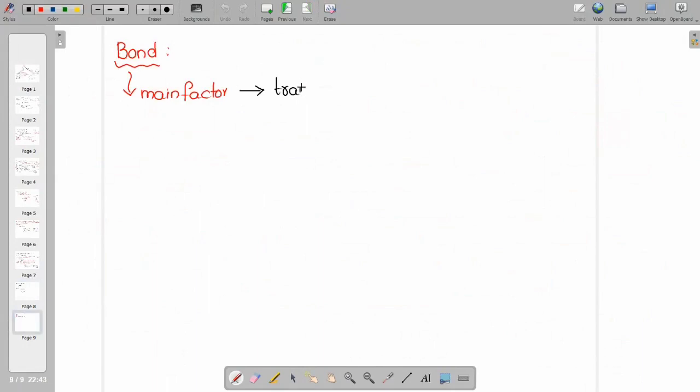Now see, what is bond? Bond is the main factor for transfer of stresses from steel to concrete. Now see here, students, how bond is developed.